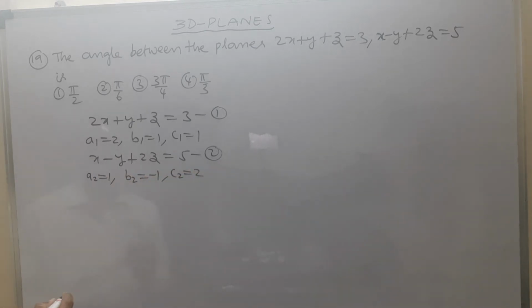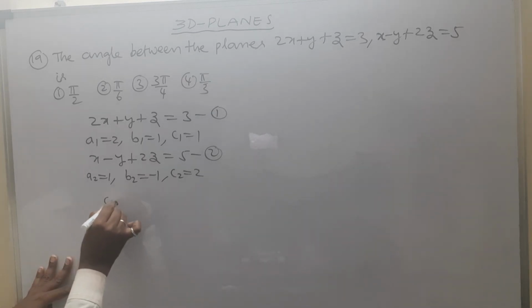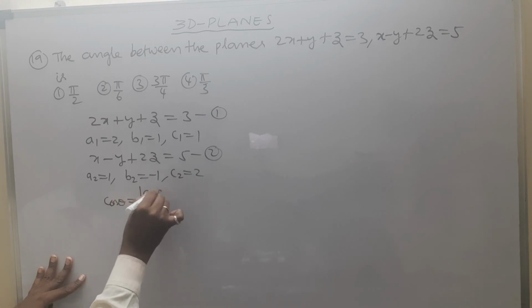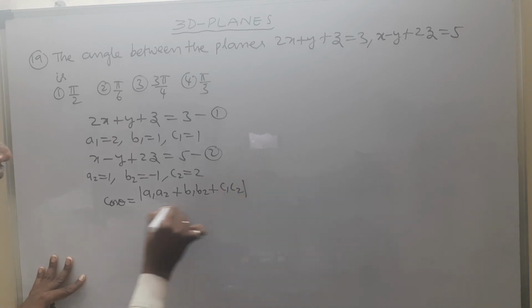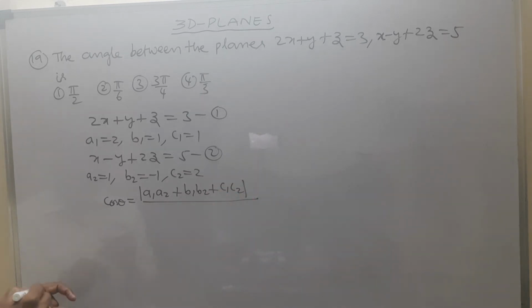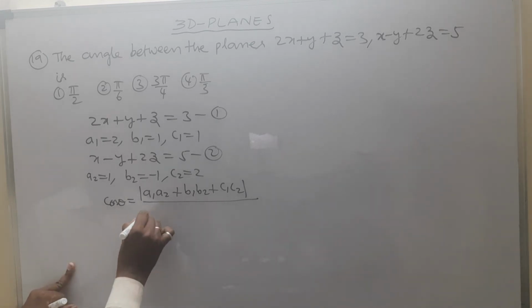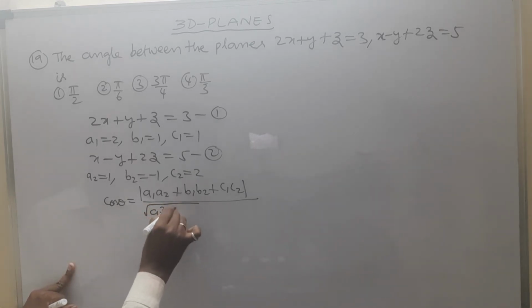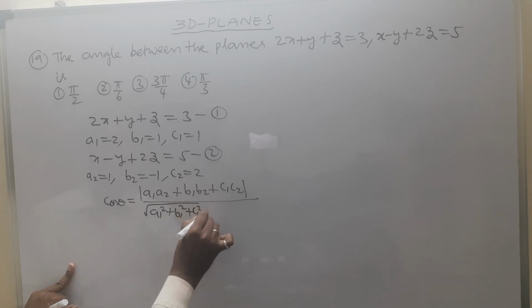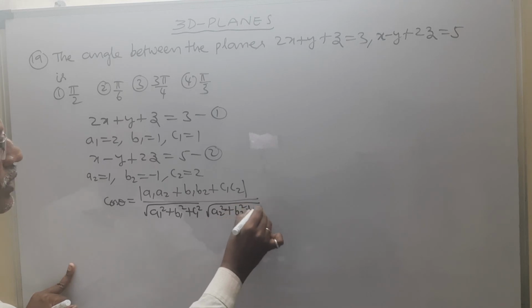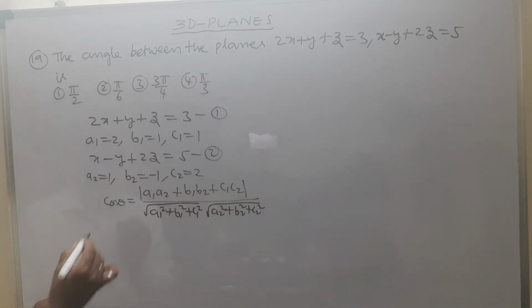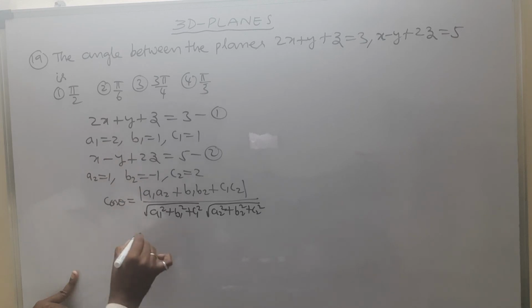Let theta be the angle between the two planes. Cos theta equal to mod of a1 a2 plus b1 b2 plus c1 c2 by root of a1 square plus b1 square plus c1 square into root of a2 square plus b2 square plus c2 square. This is the formula. a1 a2, 2 into 1, 2.